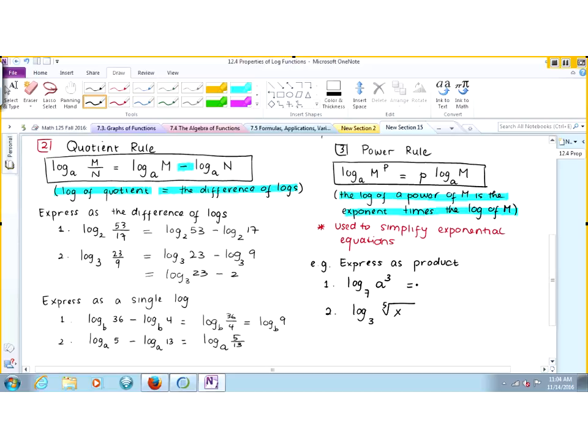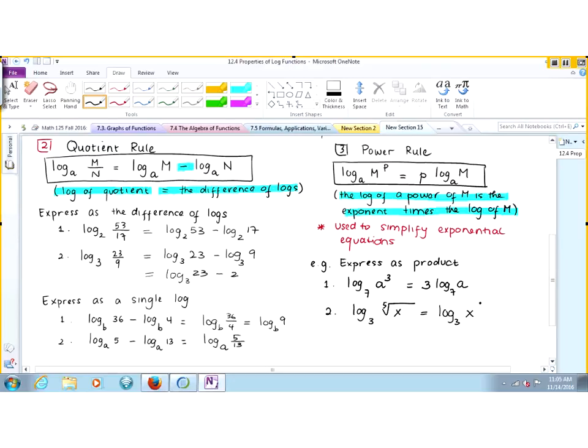All right. So we just bring the exponent down. What is the exponent of a here? 3. So this is 3 times log base 7 of a. Now do you remember what the fifth root means?